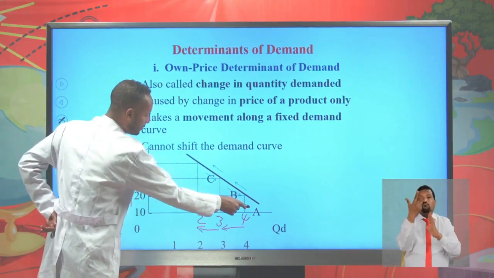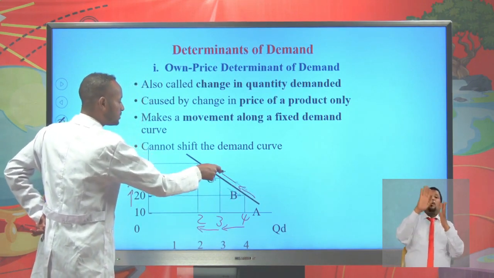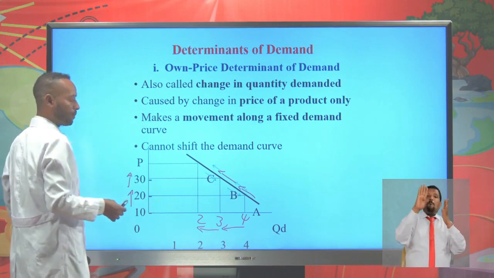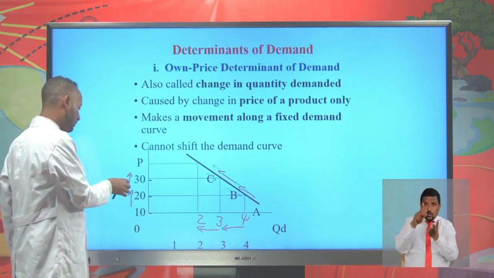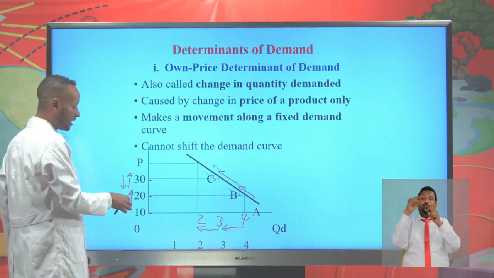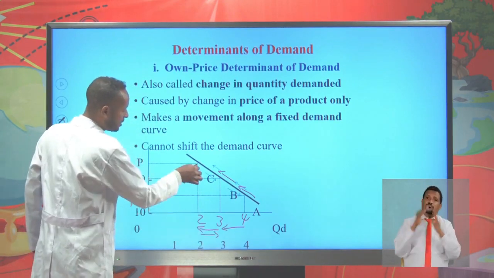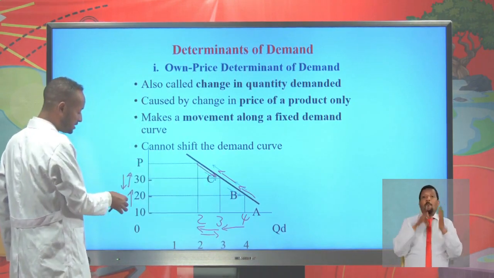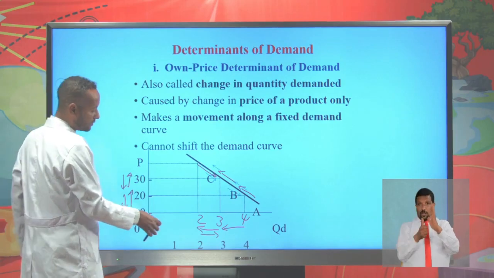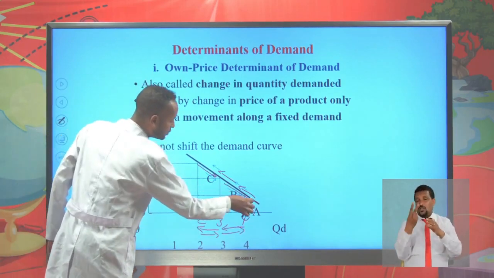This is a movement from point A to point B and from point B to point C. The opposite holds true. That means as the price of a kilogram of orange decreases from 30 to 20, the quantity demanded increases from 2 to 3, a movement from point C to point B. And when the price declines from 20 to 10, the quantity demanded for orange increases from 3 to 4. It's a movement from point B to point A.